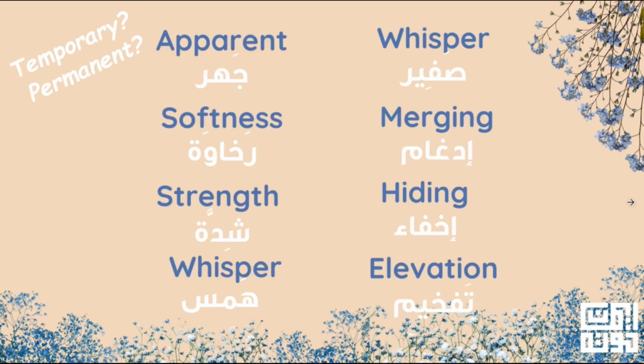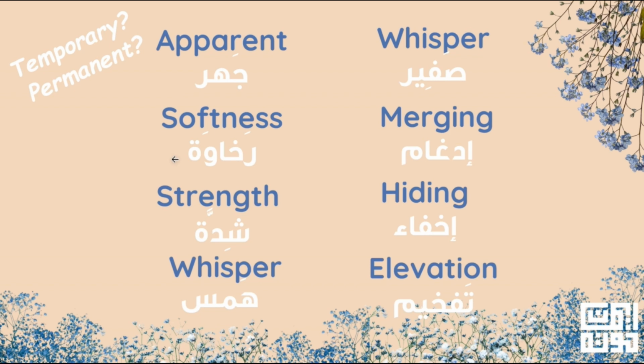Okay? And let's just have a look at some of the characters. Which ones do you think are temporary and which ones do you think are permanent? If the letter has jahr, apparent, is it temporary or permanent?